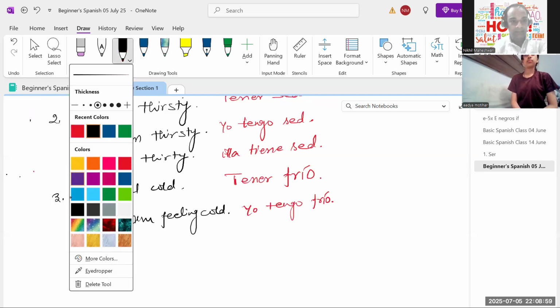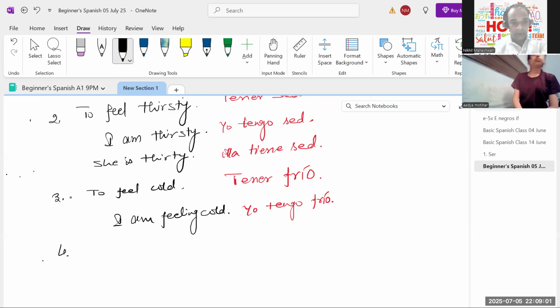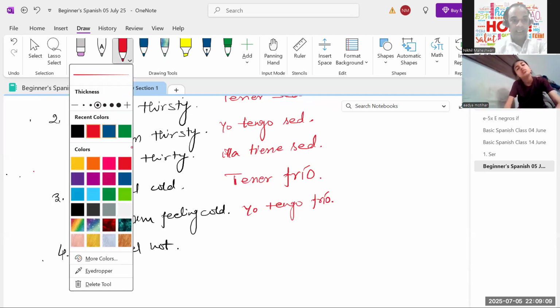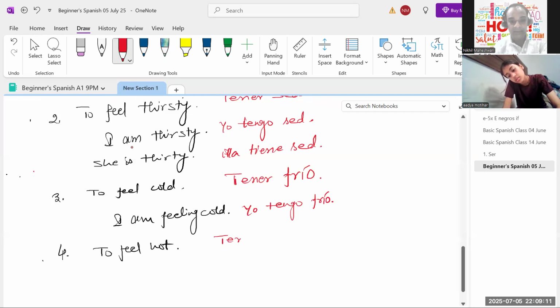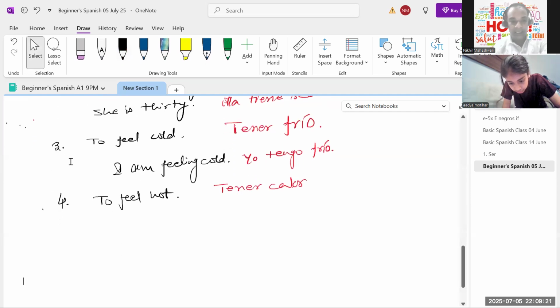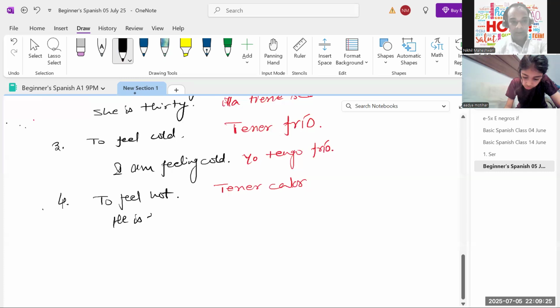Next is to feel hot. It would be tener calor. So the example sentence would be, he is feeling hot.